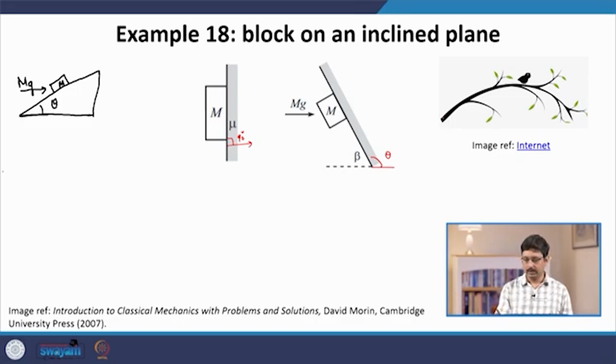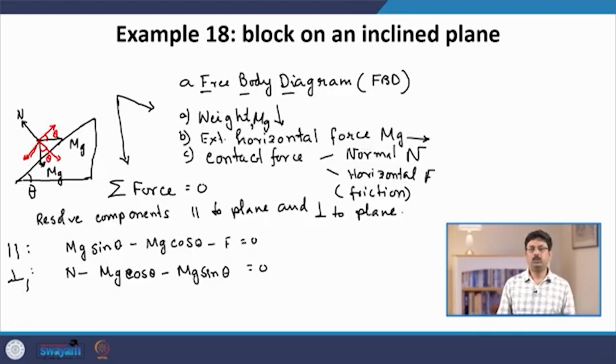In this case the angle is continuously varying, and if you look at this part of the branch, the angle with the horizontal is actually greater than 90 degrees. So, anything like a bird sitting on a tree branch at different positions can be our block on an inclined plane problem.